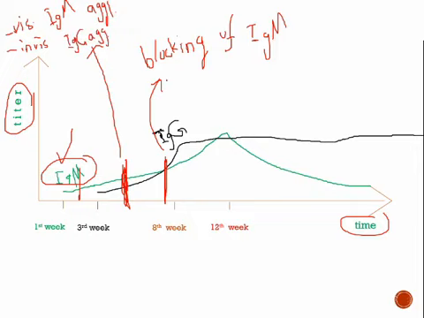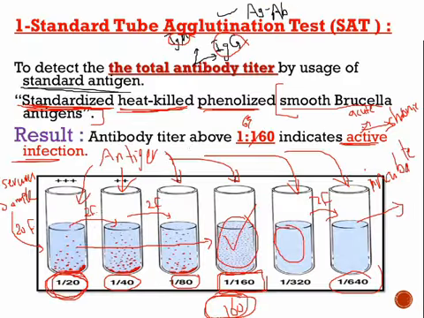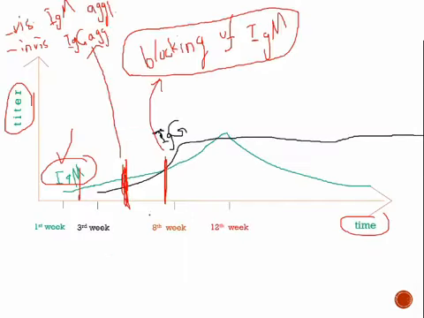Now let's see the result of this blocking effect of IgM. The result is basically that none of these test tubes will show any agglutination, because the IgG antibody titer at this time point is not sufficiently high to cause a visible agglutination.